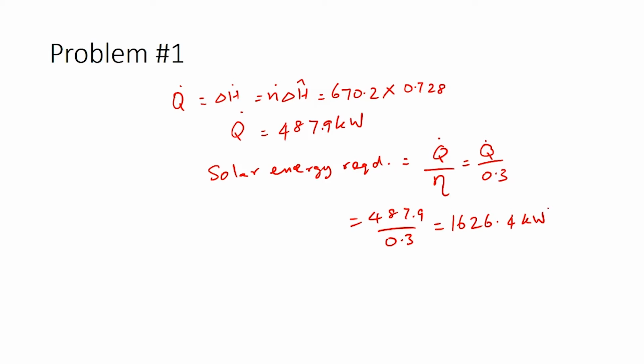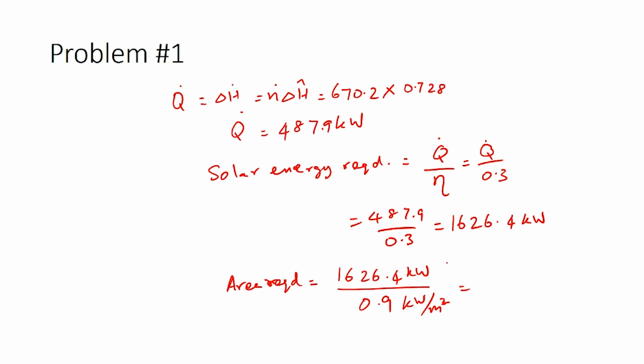We have been told that 1 meter squared can actually provide 900 watts of solar energy. So, we can use the total solar energy required to calculate the area of the solar panels required. Area required would be equal to the amount of solar energy required, which is 1626.4 kilowatts, divided by 0.9 kilowatts per meter squared.